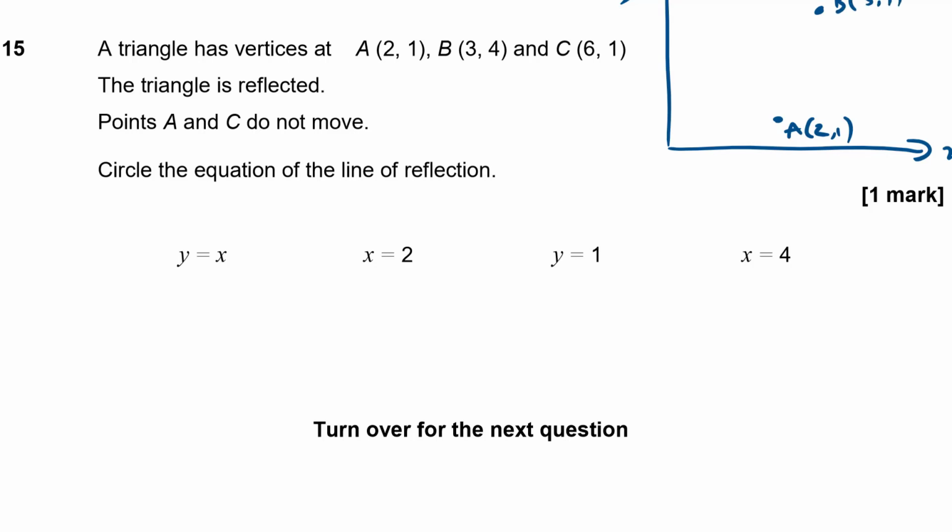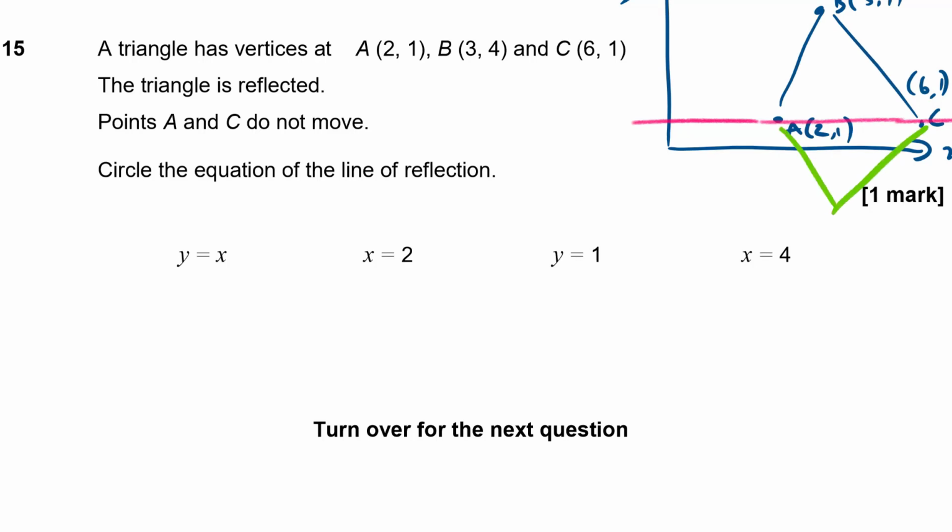And then C, 6 along and 1 up, so that's going to be C there, which was 6, 1. So the points A and C don't move, so they're going to have to lie on the mirror line, aren't they? So my mirror line is going to be here. And my original triangle is then going to be reflected in that mirror line down here somewhere.